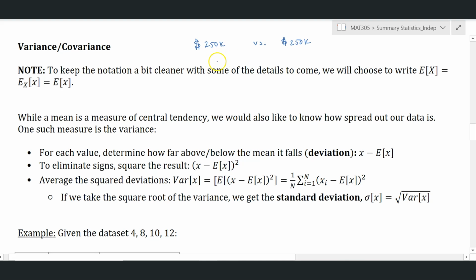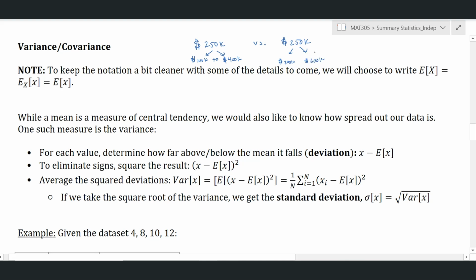It might be cheaper to go to one city than the other, because if the average is $250K here, but the prices actually range from, say, $100K to, say, $400K, that's going to provide more flexibility than in this other city, in which, say, the prices vary from $200K to $600K.